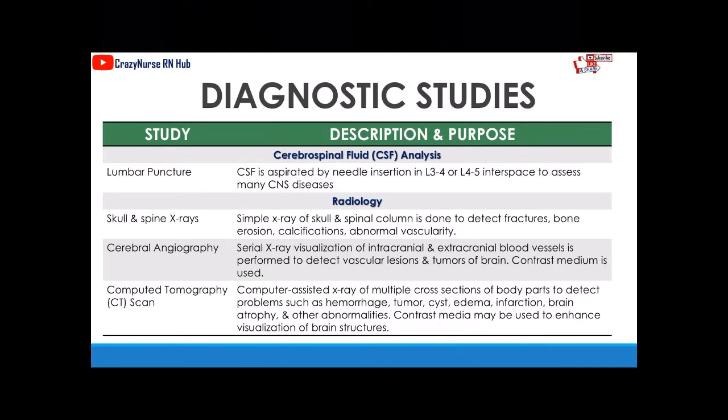First, we have your cerebrospinal fluid or CSF analysis. Under that, we have your lumbar puncture. For the radiology, we have your skull and spine X-ray, cerebral angiography, and computed tomography or CT scan.